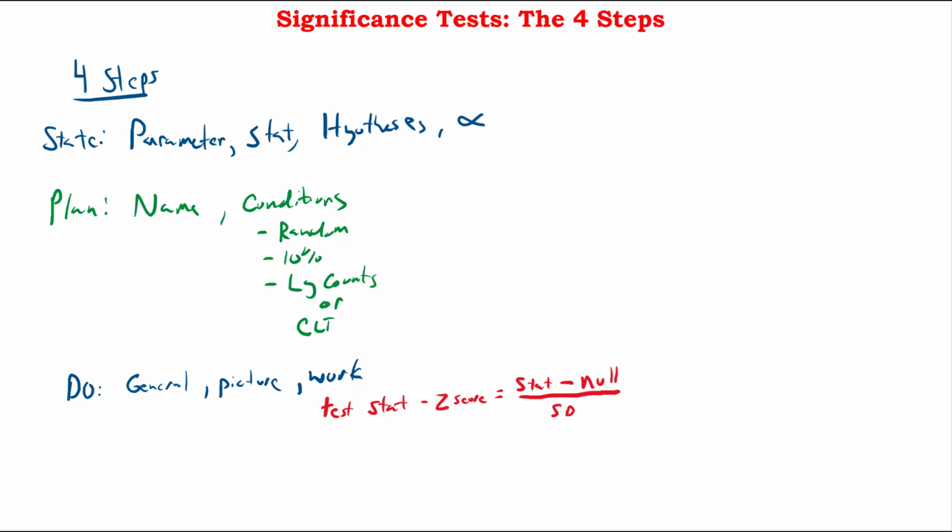And that can be labeled as simply saying z, and for the proportions with your p hat, minus p over the standard deviation. And again, the standard deviation formula for that is with your p, the square root of p times 1 minus p, all divided by your sample size.